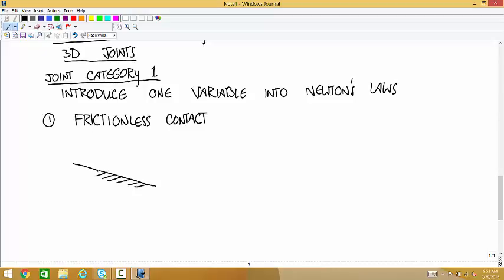This one works exactly the same way it does in 2 dimensions. So if this is body 1 and this is body 2, a free body diagram of body 1 looks like this.